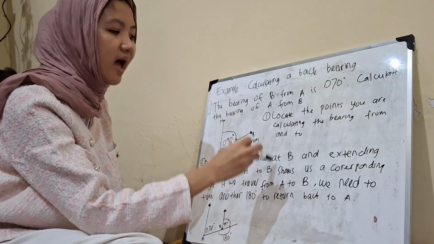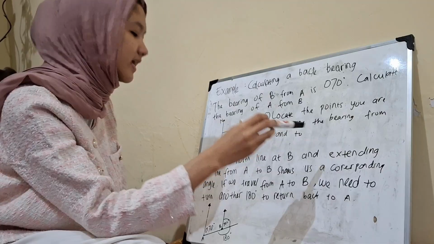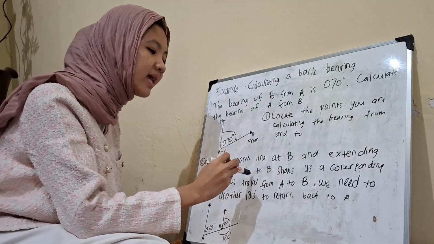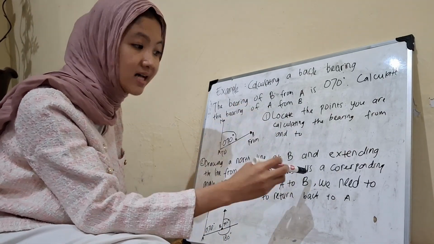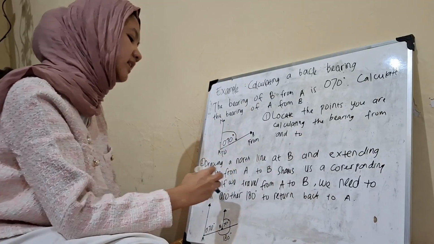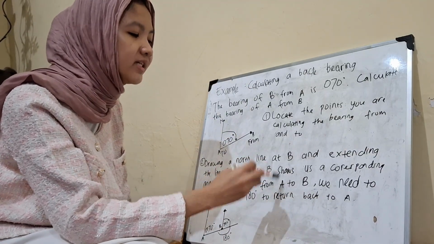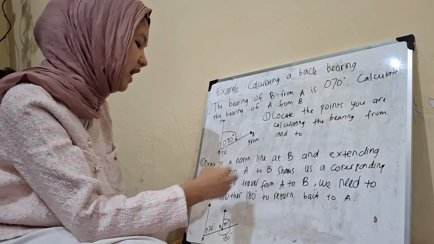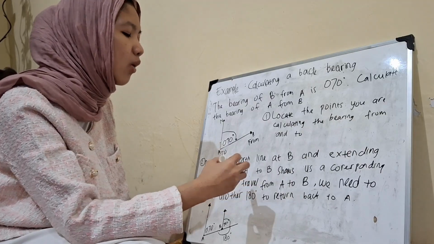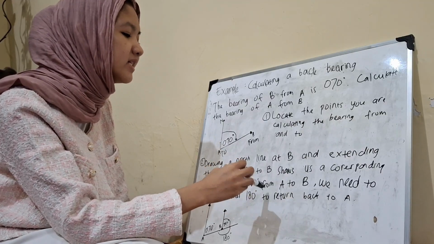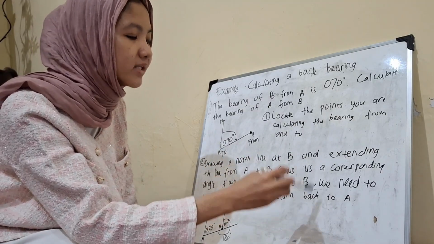Draw a north line at B and extend the line from A to B so as to form a corresponding angle. If we travel from A to B, we need to turn another 180 degrees to return back to A.